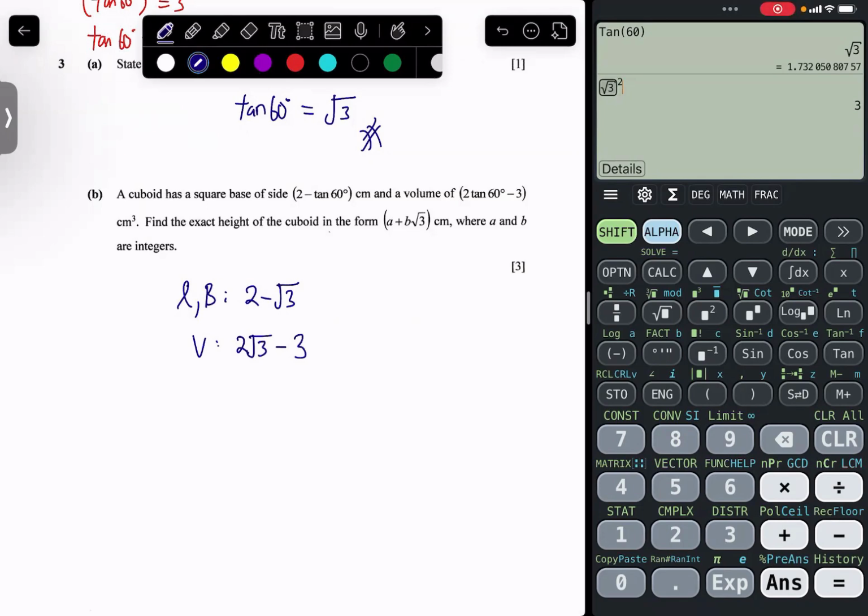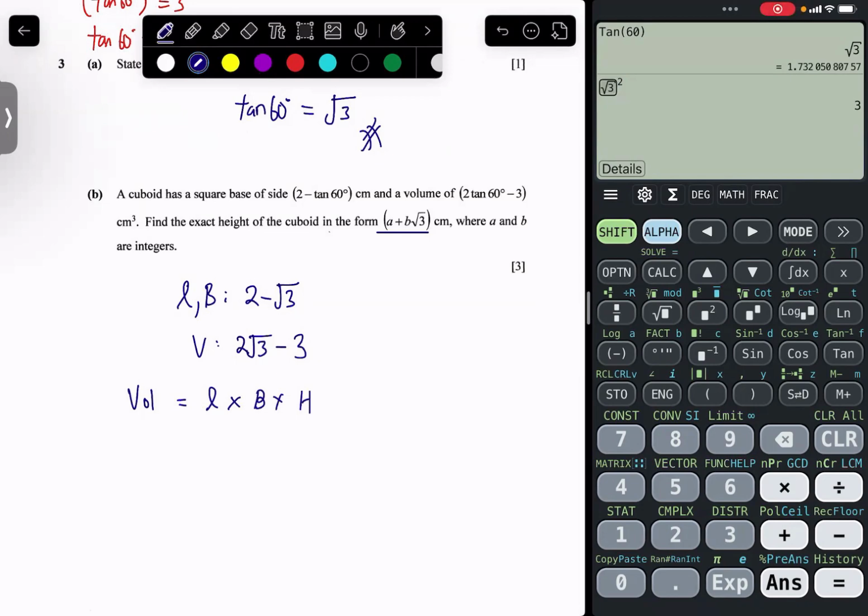So you need to be able to recognize this. Then they say find the exact height in the form of a plus b root 3, where a and b are integers. So we know that for a cuboid, the volume is equal to length times breadth times height.